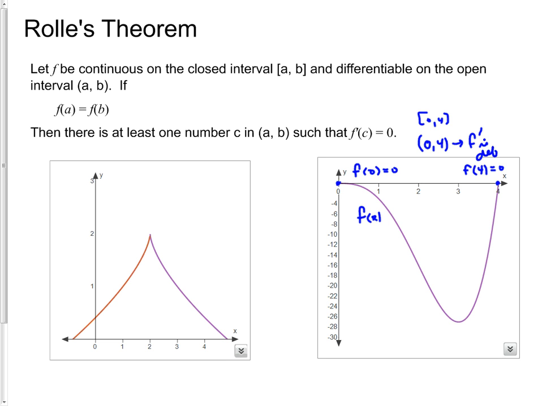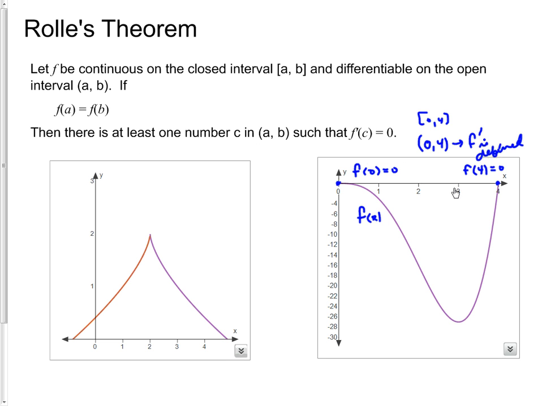Okay, so what could we say about this function? Well, Rolle's theorem tells us that if f of a is equal to f of b, and it is, and it's a continuous function on a closed interval from a to b, and differentiable on the open interval from a to b, there exists a number c in a to b such that f prime is 0.